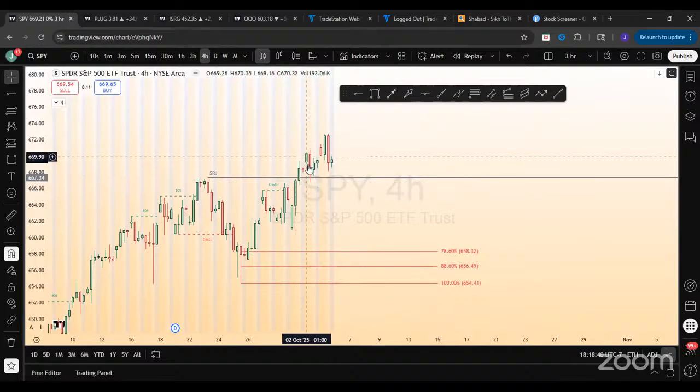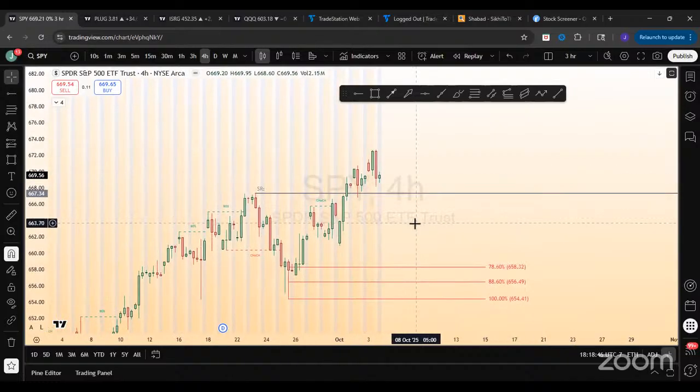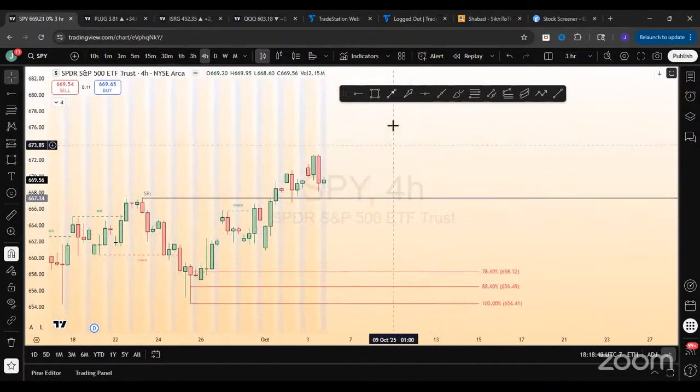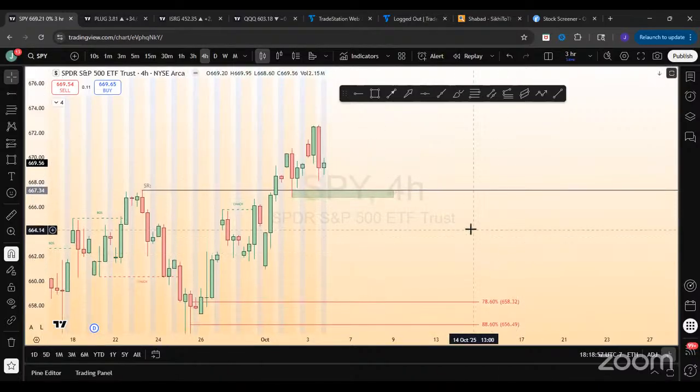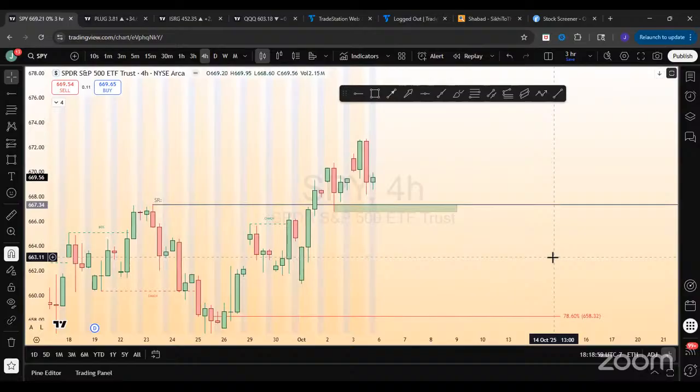It broke that resistance, retested that, goes up. Could retest that again. Could retest and move higher. So nothing is broken in the market. Looking firmly in an uptrend.